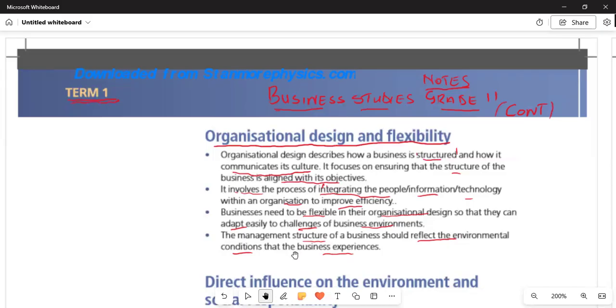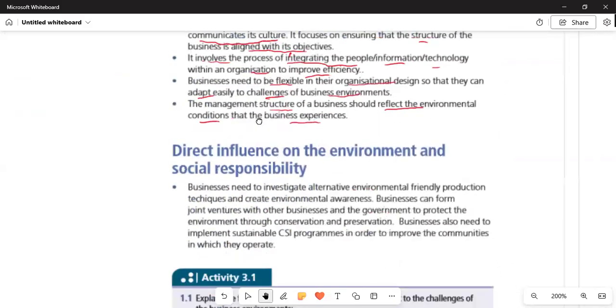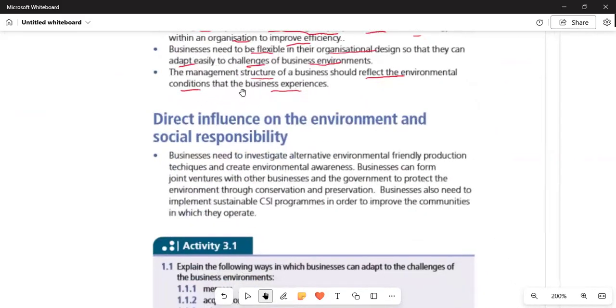Let's move on to direct influence on the environment and social responsibility. We know very well that companies need to consider environmental impact and social responsibility.